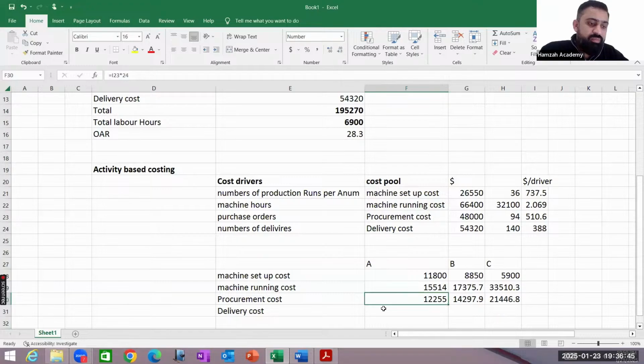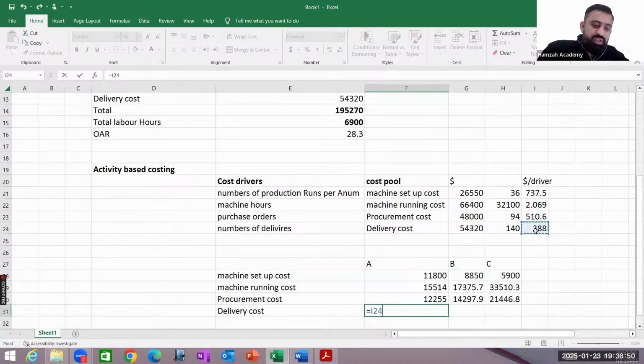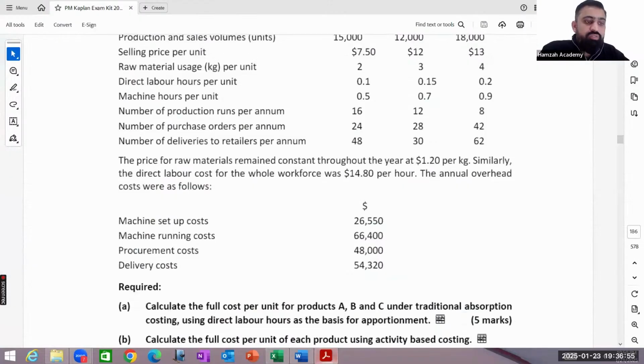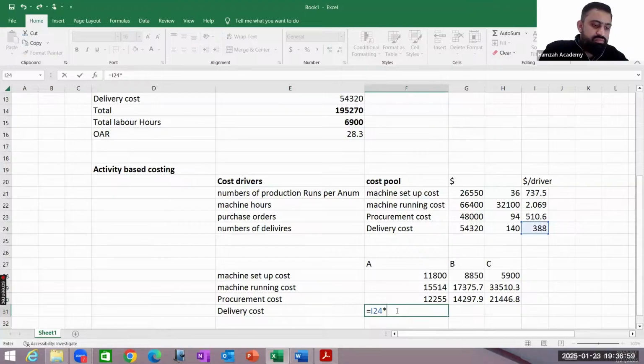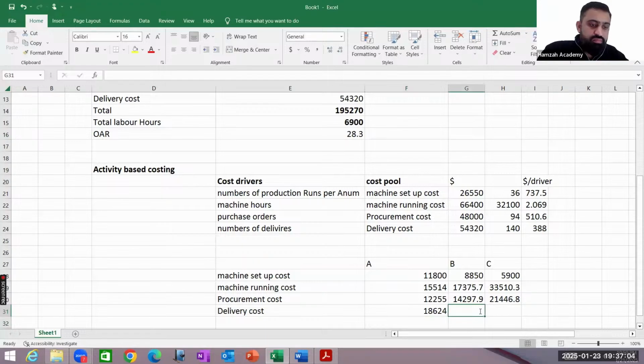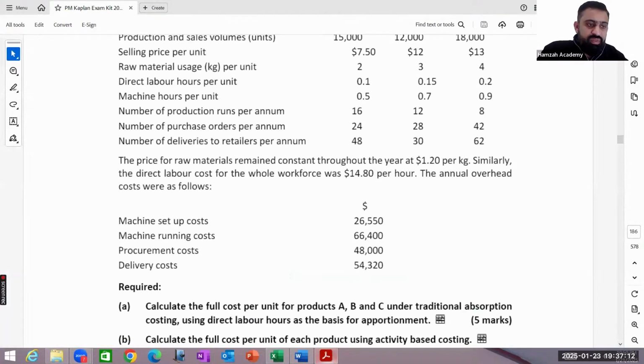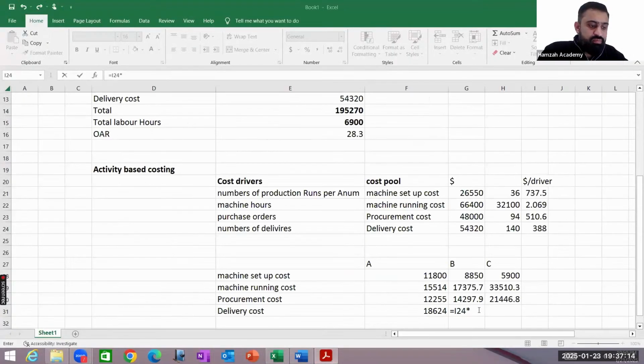Now the delivery cost. Per delivery, we have 388. And the number of deliveries for A are 48, for B the number of deliveries is 30, and for C it is 66.